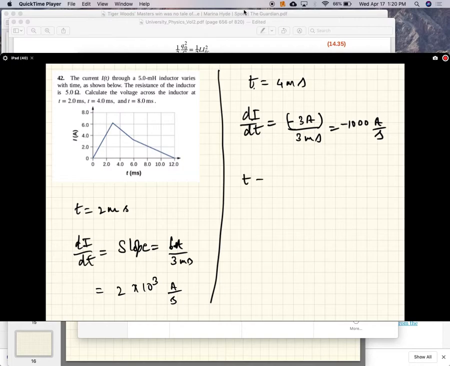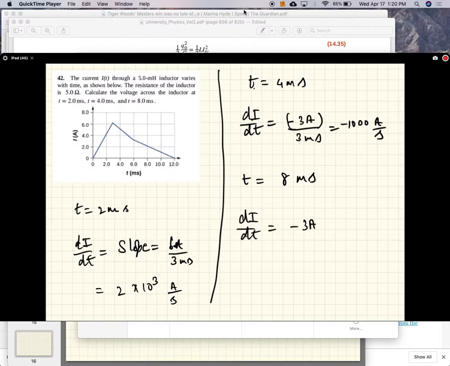And at t equal to 8 milliseconds, di by dt is the slope of that line, which is negative 3 over 6.